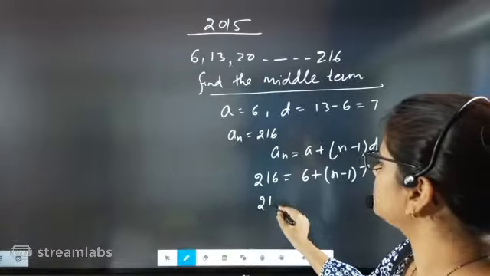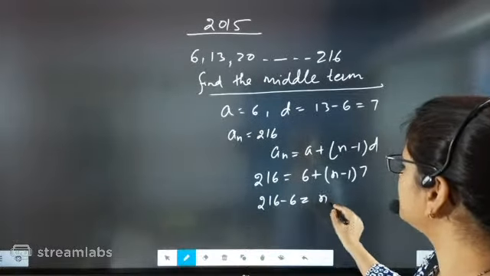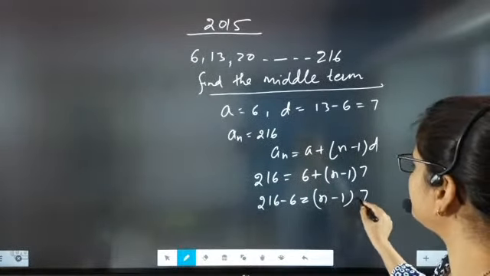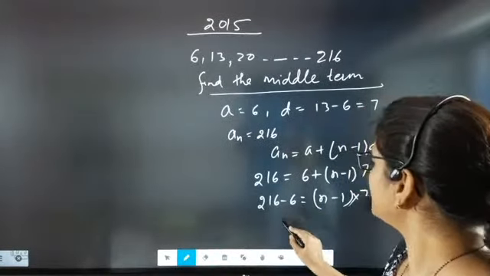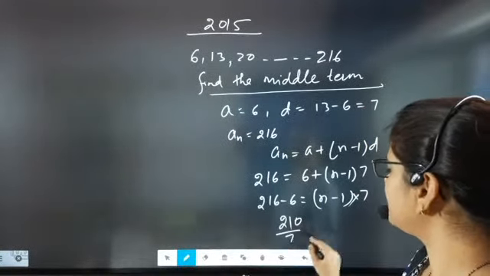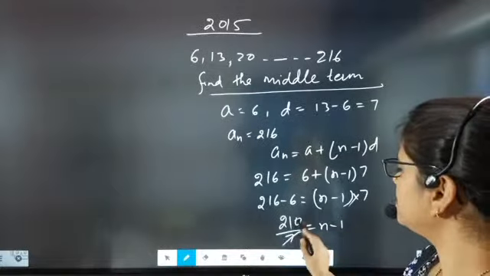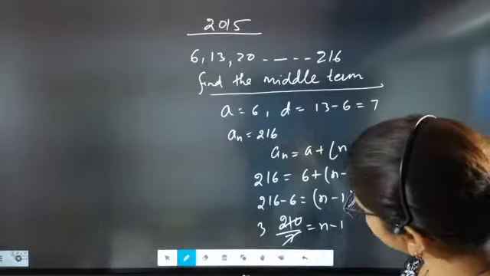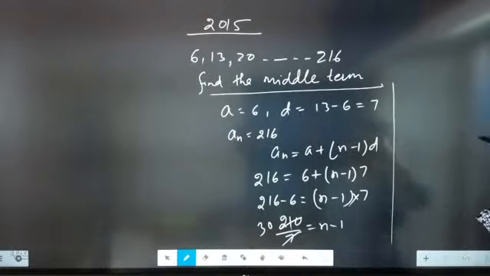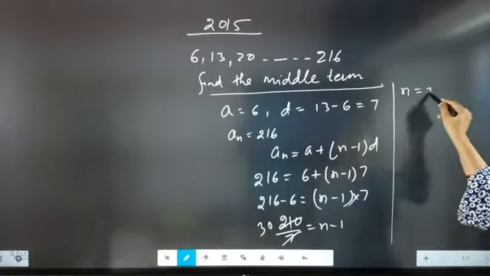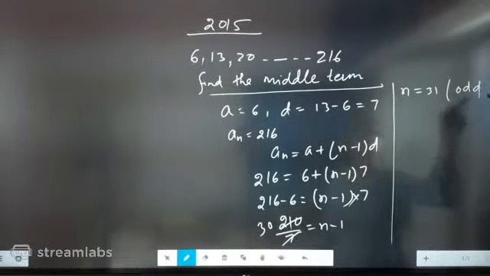So 216 minus 6 is equal to n minus 1 into 7. So 210 by 7 equals n minus 1, it is coming 30. So here n will be 31, which is odd.